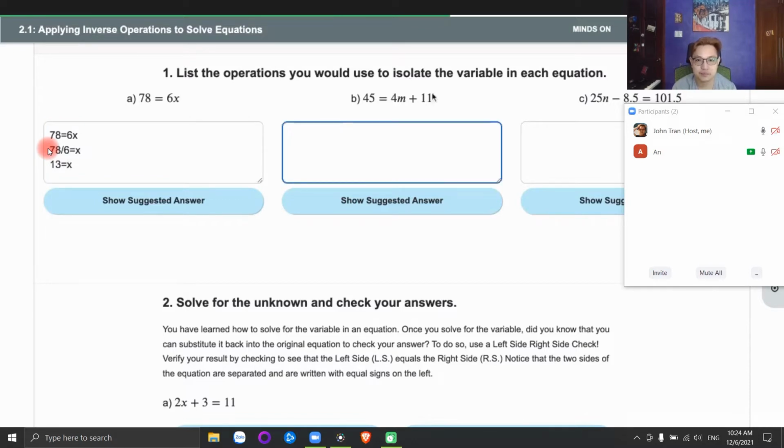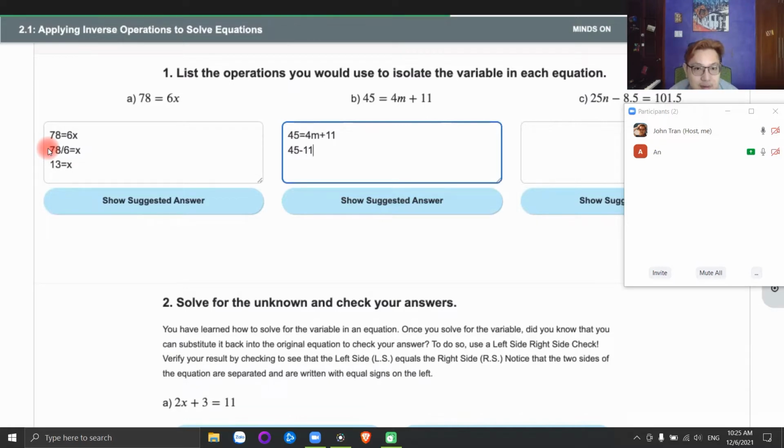Solve the other ones. B is 45 plus 11. Maybe you should have some space between them. Just easier to say if I have some space. So you move the 11 over. I need to move 11 to the left side. So plus 11 become minus 11.